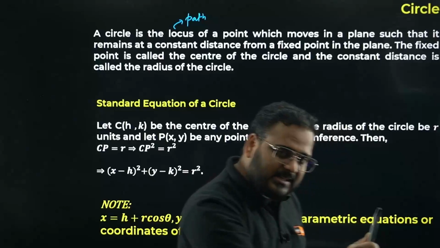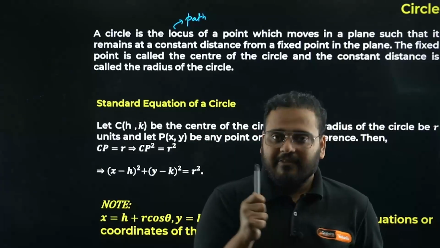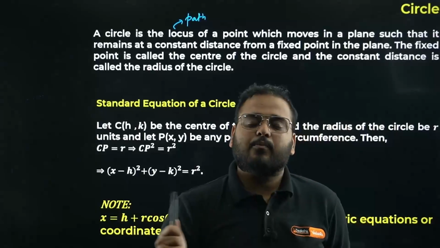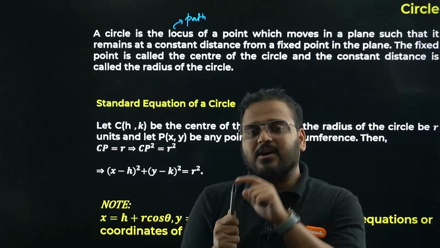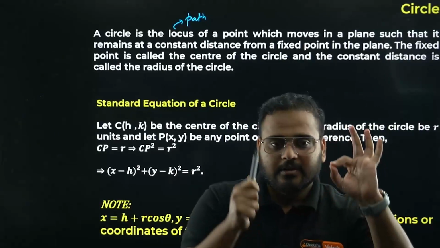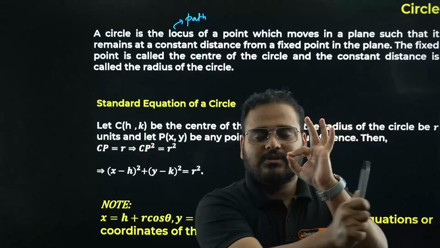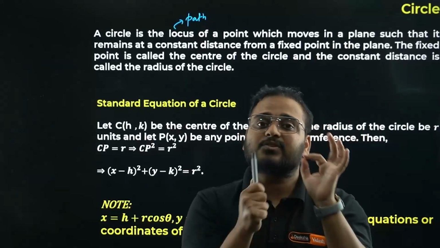Whenever this point moves along a path such that every time it is at a constant distance from a fixed point, that is called a circle.